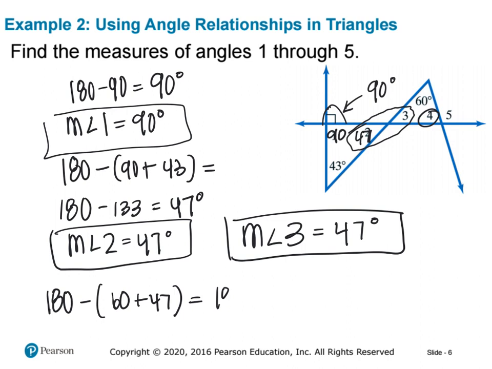So that would be 107, which is going to equal 73 degrees. So the measure of angle 4 is 73 degrees.